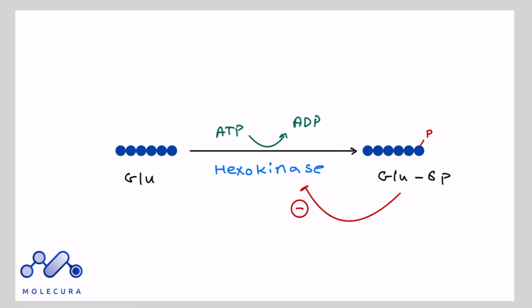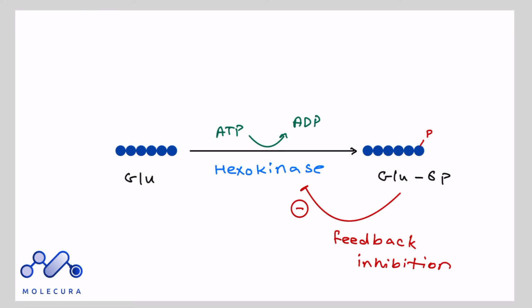So this is an example of feedback inhibition. So hexokinase is inhibited by its product, which is glucose 6-phosphate.